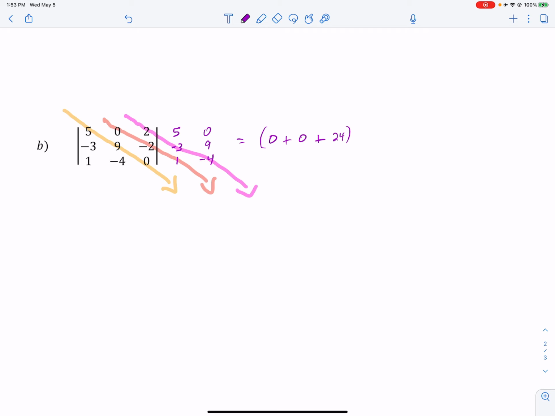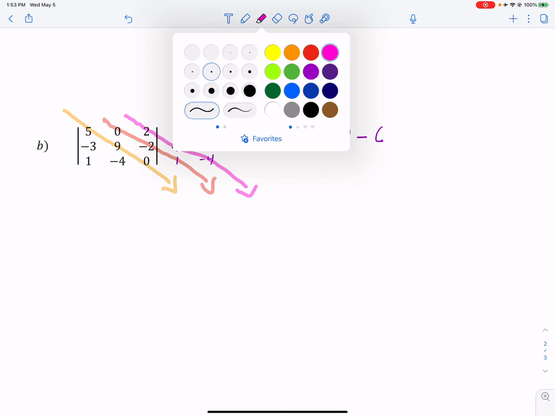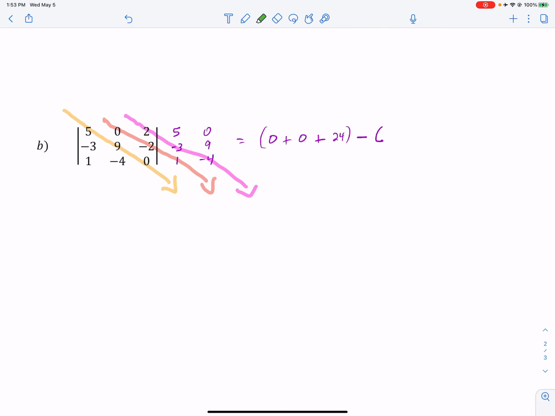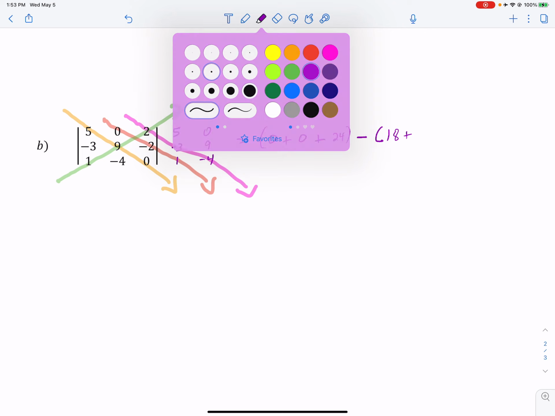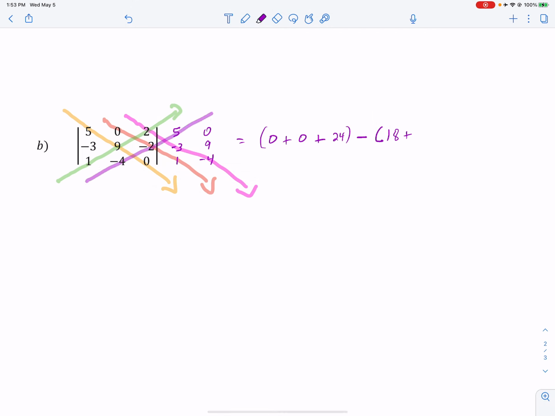Then from that, you're going to subtract the up diagonals. 1 times 9 times 2, which is going to be 18. Plus then that next up diagonal, -4 times -2 times 5, which is 40.